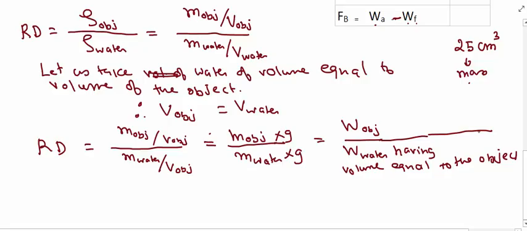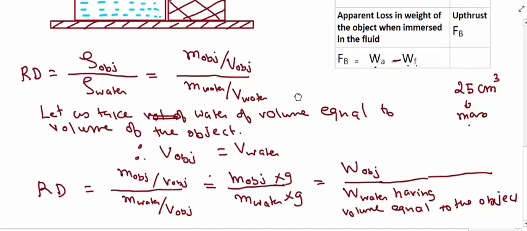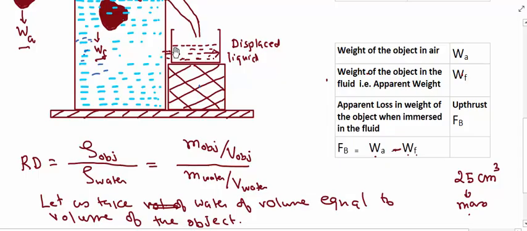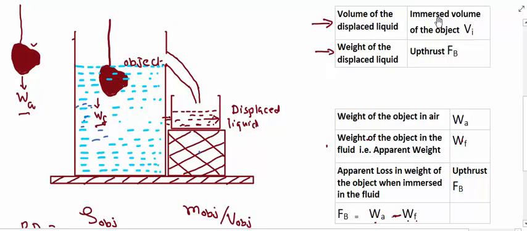Now let us focus our attention on the denominator. What is the denominator? It is the weight of water having volume equal to the object. If I go up and see the earlier experiment that we have done over here, what is the weight of this displaced fluid? It is the weight of the water which has been displaced by this object, and we know that the volume of the displaced liquid is equal to volume of the object.